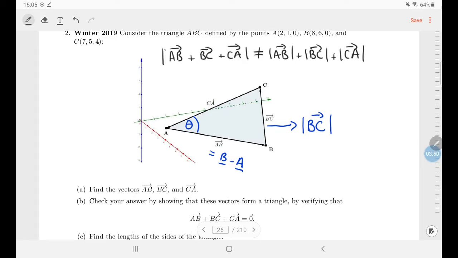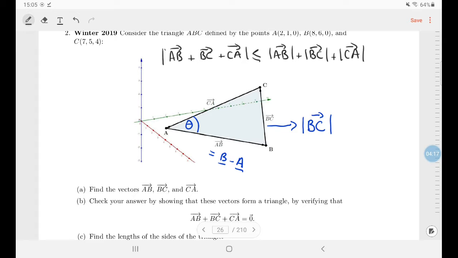If you're asked to find the length of a vector that is a sum or a difference of vectors, you can't find the lengths separately. In fact here, the length of this is 0. What you can say is we have a triangle inequality, which says that the length of a sum of vectors has to be less than or equal to the sum of the lengths of the constituent vectors. That's fine because you're getting 0 on the left-hand side and something positive on the right-hand side.